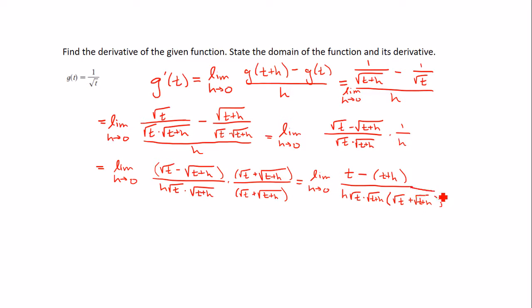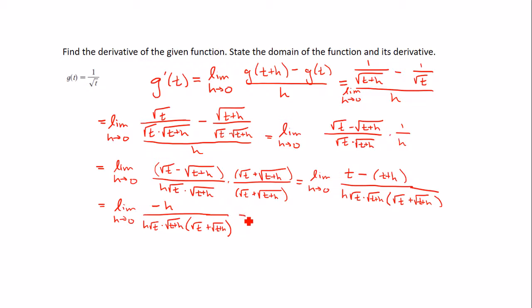Okay, I'm just being really careful about my arithmetic. My numerator is nice. I noticed t minus t, so I'm going to do some cancellation upstairs. So I get the limit as h goes to 0 of minus h, careful of that minus sign, over h times root t plus h times root t plus h in parentheses.